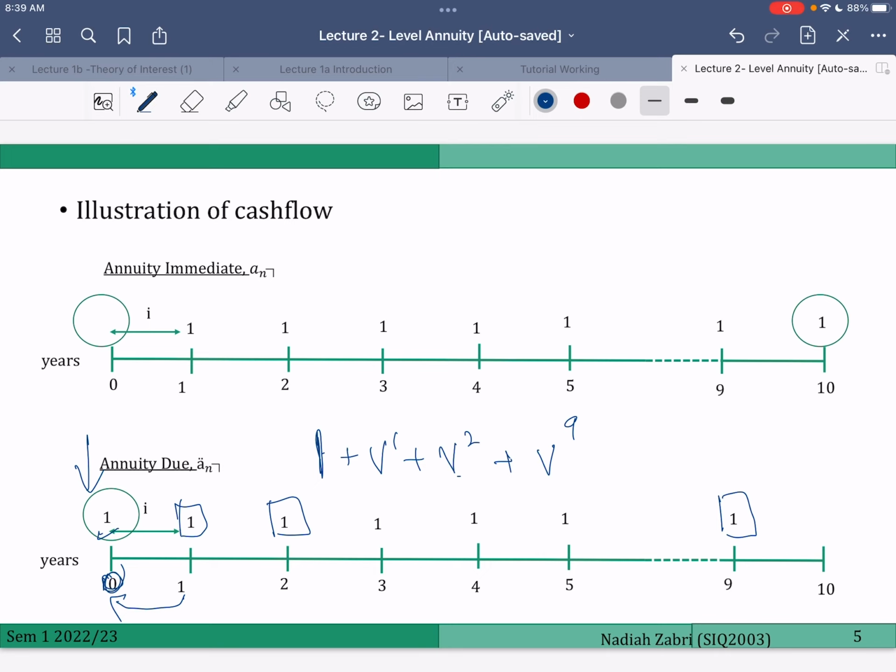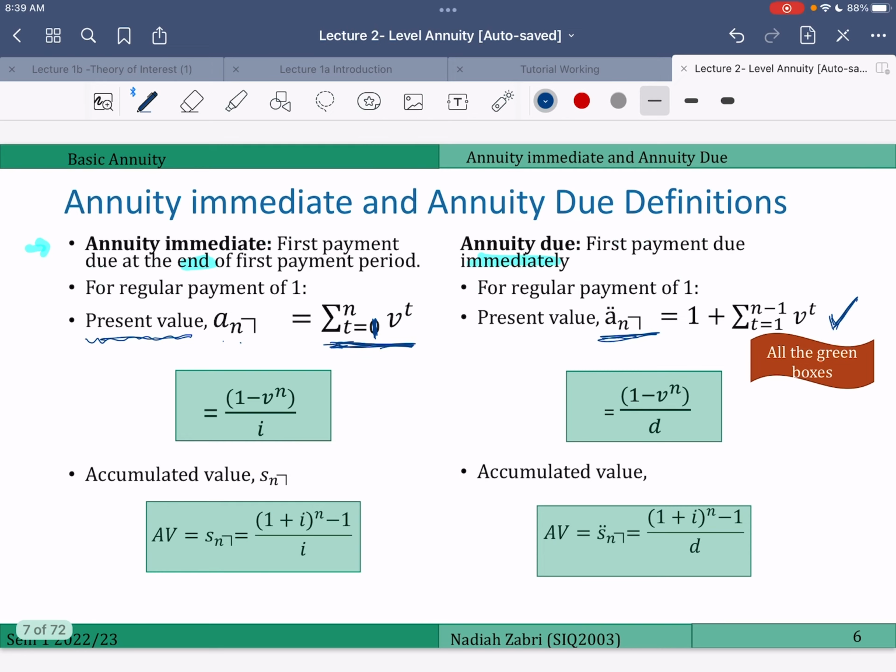So it's equals to the sum of t equals to 1 until n, v to the power of t minus 1. Okay, so you can write it using this first principle, you can calculate the present value, or you can also just memorize this formula.